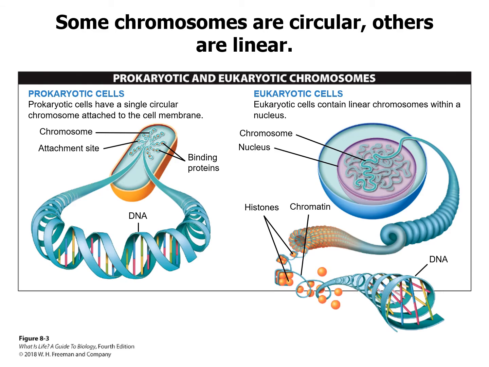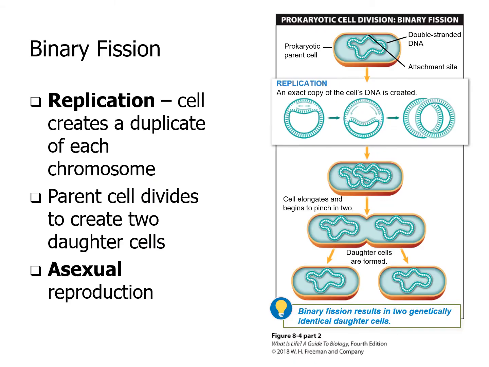We've talked a little bit about cell division, just briefly, but let's talk about the mechanics of it. So here we have a prokaryotic cell going through cell division, which is known as binary fission.